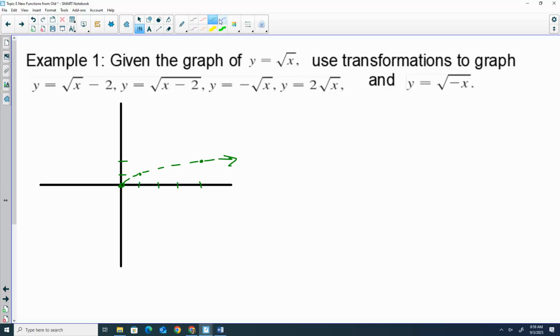So the idea with transformations is you don't have to make a t-chart every time I ask you to graph these. We can just think about what happens to the graph. So if you put a minus 2 on the end, what happens? Oh, it's outside my radical lines. So we move each of those points down 2.